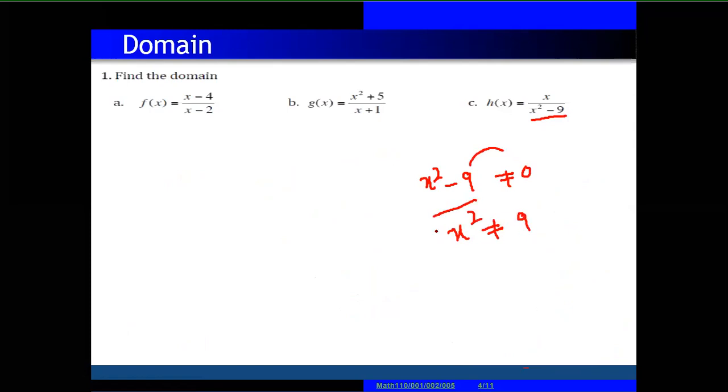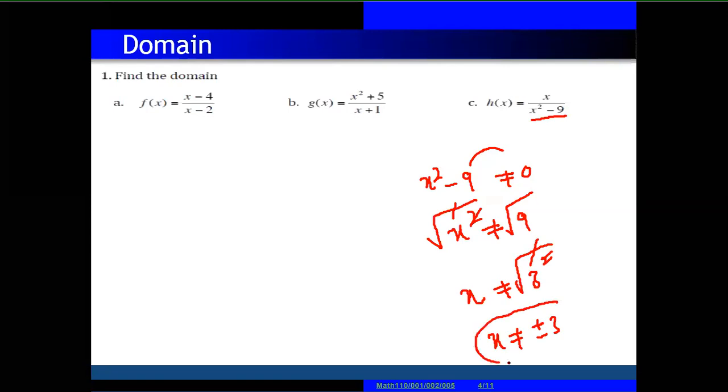Then taking the square root on both sides, the square root cancels with the square, so x not equal to plus minus 3. Both numbers are not possible, plus 3 not possible and minus 3 not possible. So the domain, excellent guys, great.